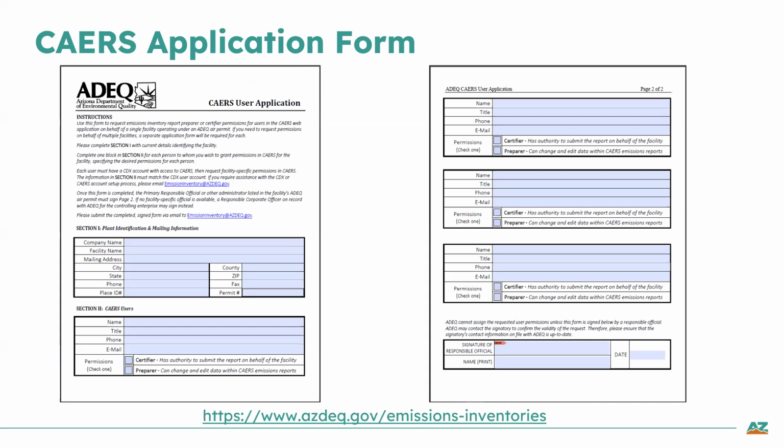Fill out the form, select the role you are applying for, and have a facility responsible official sign and date the form. Finally, send us the form in our delegated inbox at emissions-inventory@azdeq.gov. Please note that the facility can have multiple preparers, but can only have one certifier.